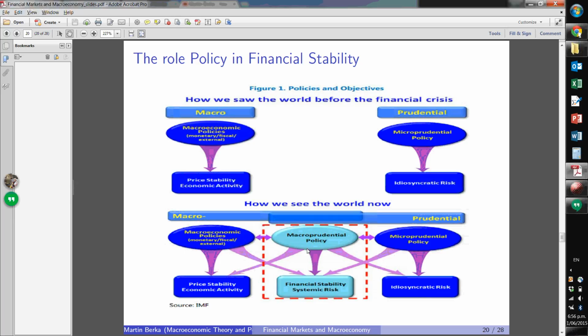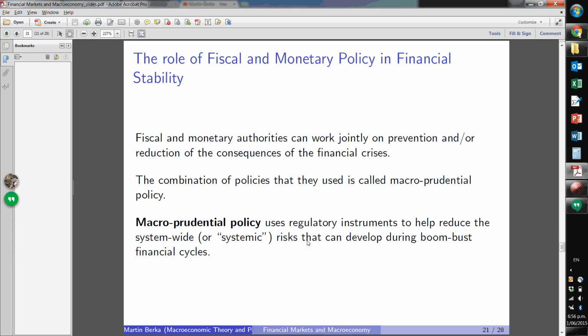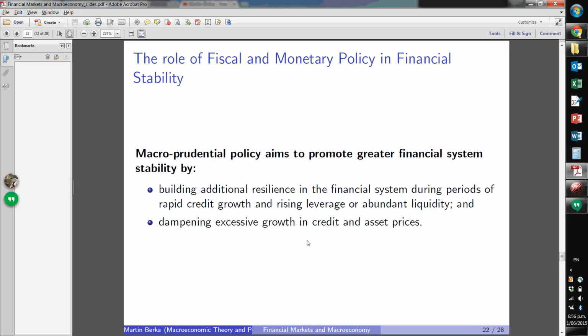the main components of this are financial stability and systemic risks, and these policies are called macroprudential. So macroprudential policies take into account the financial sector's architecture, and they are aimed at maintaining good macroeconomic performance while at the same time providing the right regulatory instruments to help lower the systemic or system-wide risks which can develop or result in the development of these financial and possibly business cycles.